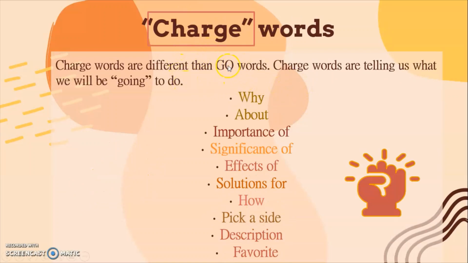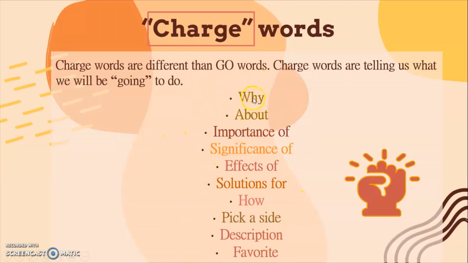So charge words. Let's refresh our memory of charge words. Charge words are different than go words. They tell us exactly what we will be going to do. So they might ask us to write about something. They might ask us to write the significance of. They might ask us to write a description, write your favorite. So these are just some examples of charge words.